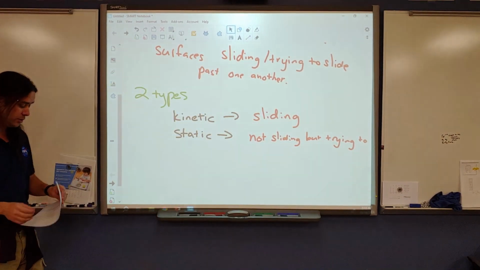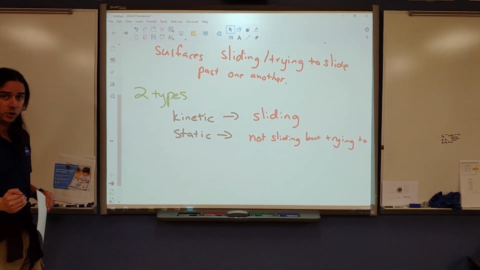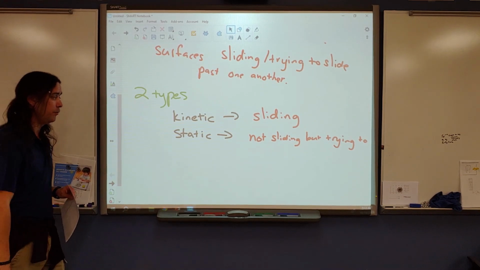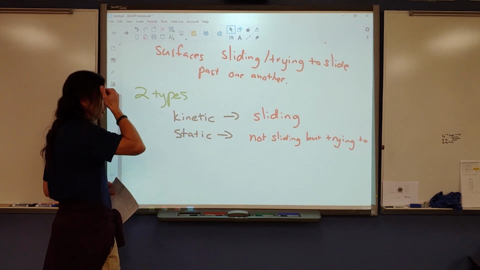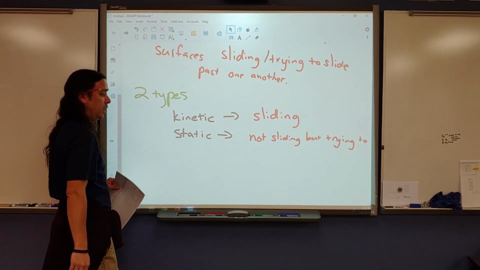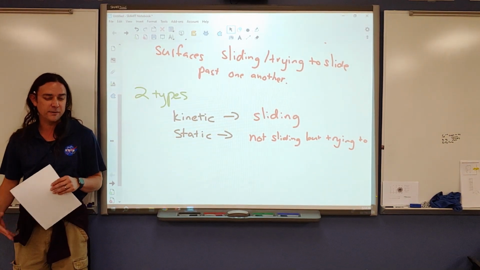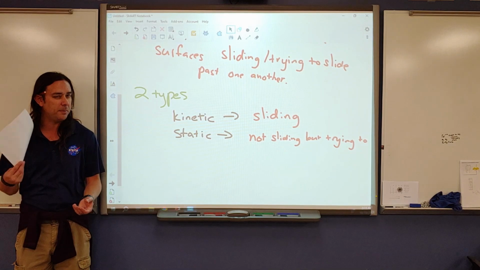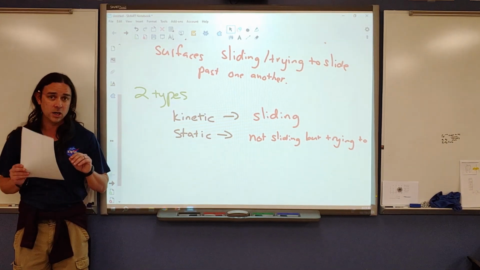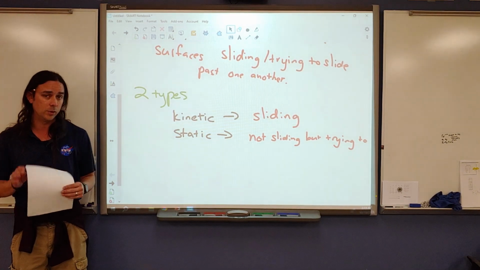I'm going to pause here for just a moment and point out that a common misconception that students have is they will fall into the habit of saying kinetic friction is when the objects are moving and static friction applies when they are not. While that's something you're probably going to see as a fairly common thing, it is not guaranteed, and many students will be caught off guard if they try to embrace that. So I really want to emphasize this.